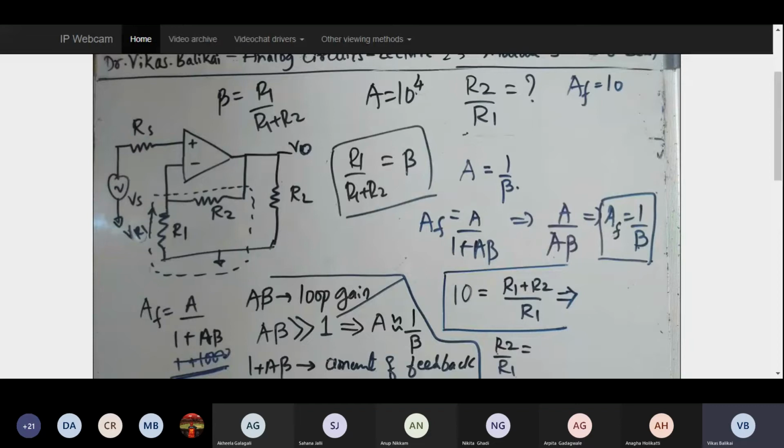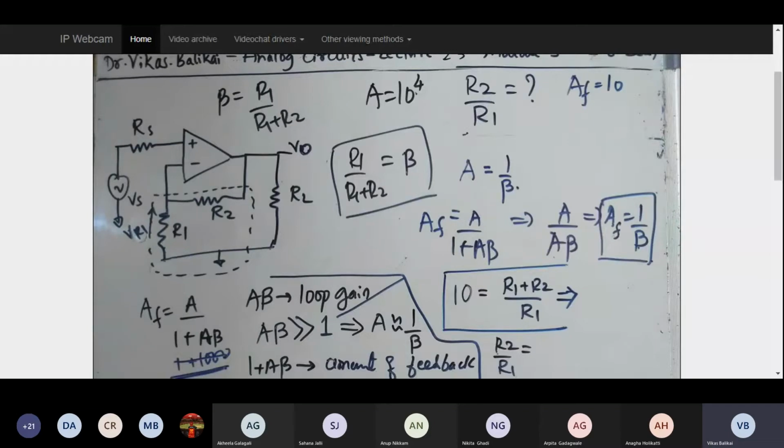I'll put the attendance. Don't sit for the sake of attendance. Don't just turn on the system and go somewhere and do whatever you want. Try to pay attention, because ultimately you are anyhow going to give the examination. And don't study just for the examination purpose also. These are some very fundamental concepts.